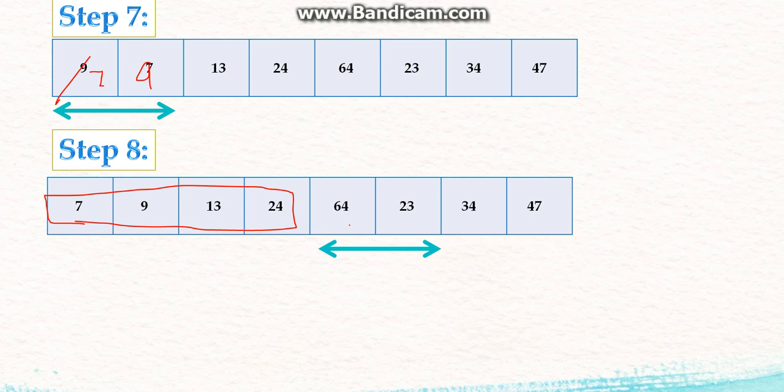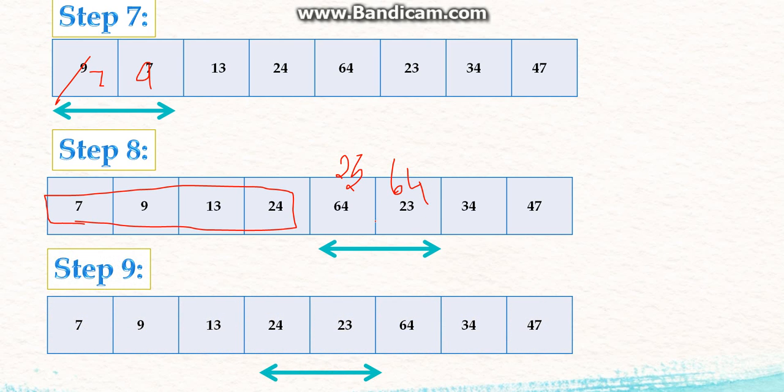So next we are going to compare 64 and 23. So 23 will go here and 64 will be swapped here. But again if you see, we have 24 and 23. It will be unsorted, so we are going to swap them to 23, 24.